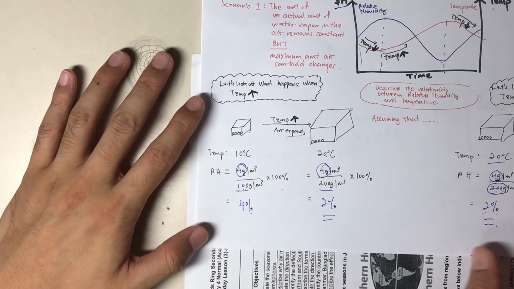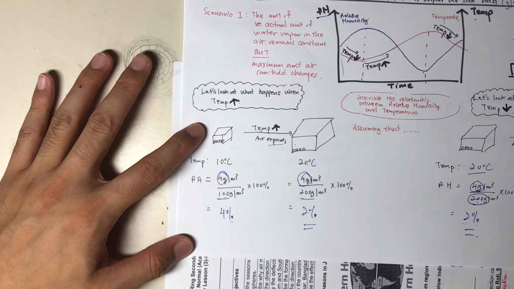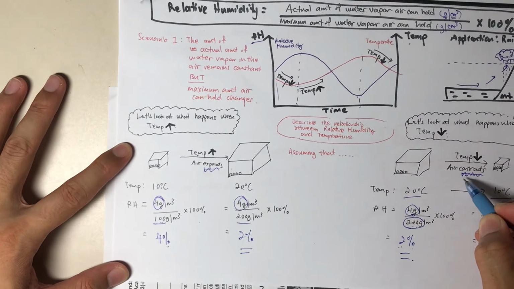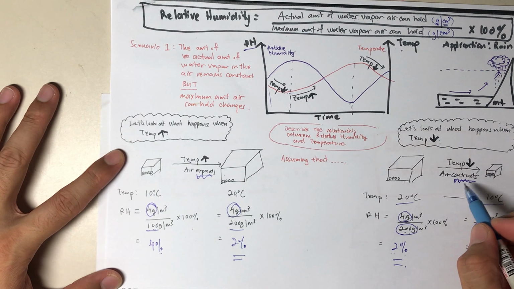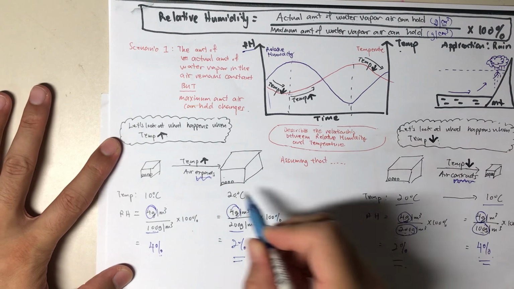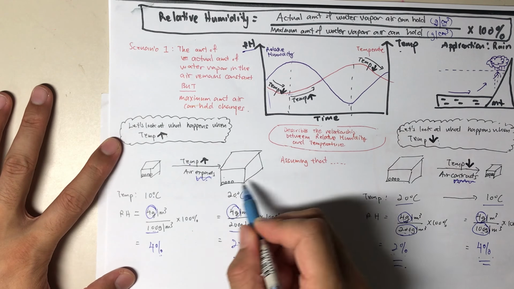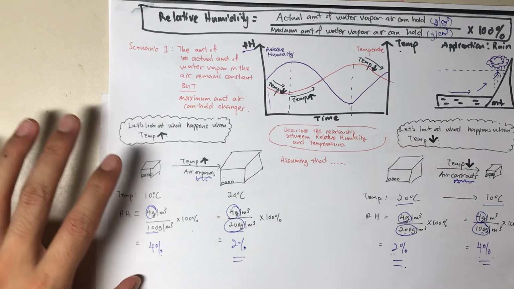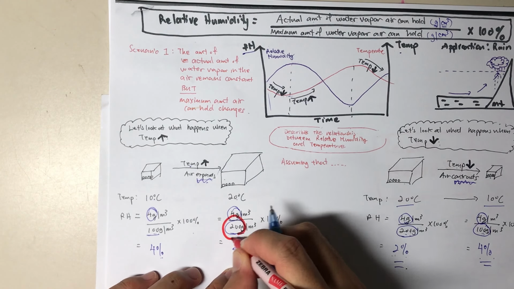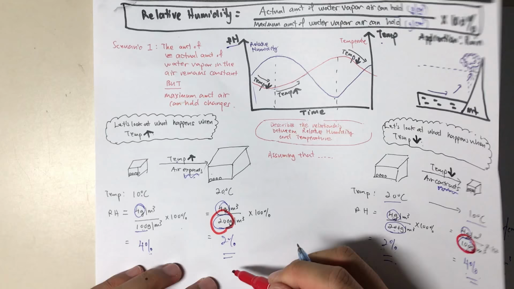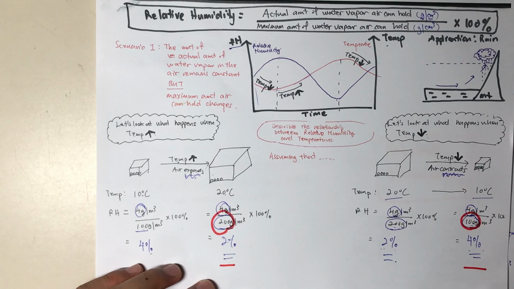Now, what these two scenarios illustrate to you is that when temperature changes, contraction happens, expansion happens. That causes a change in the maximum amount of water vapor air can hold, and therefore changes the relative humidity.